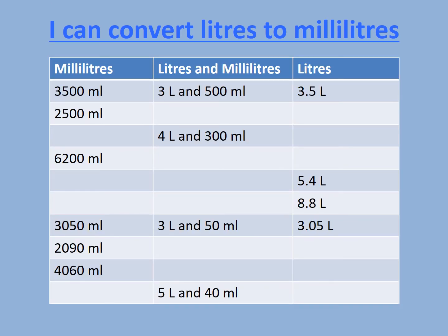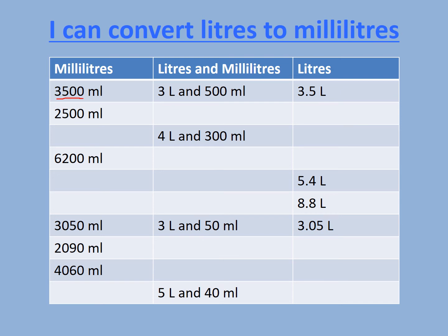Okay, so we are going to continue with our conversion from milliliters to liters and from liters to milliliters. The first example has been done for us. Okay, so we have 3,500 milliliters.